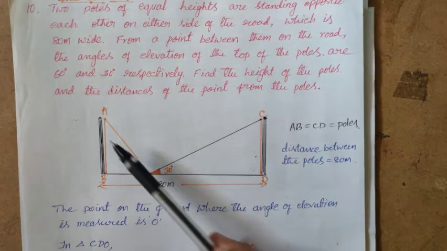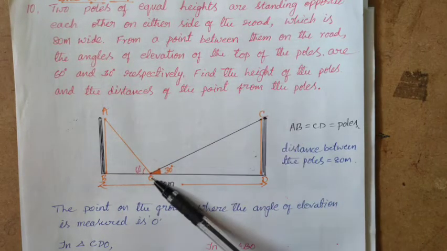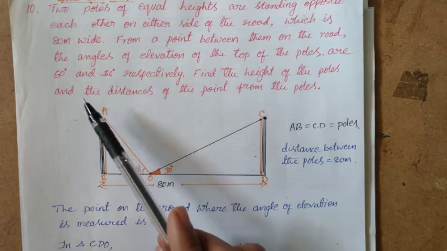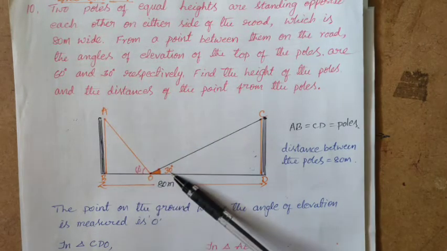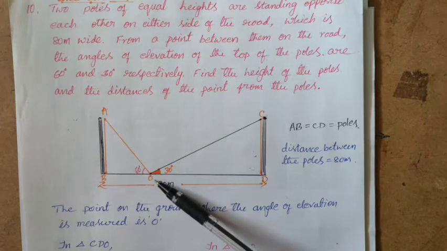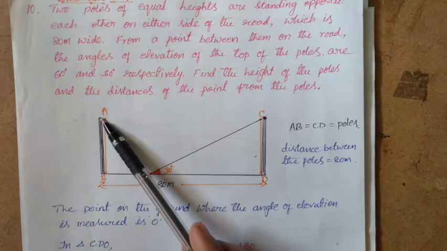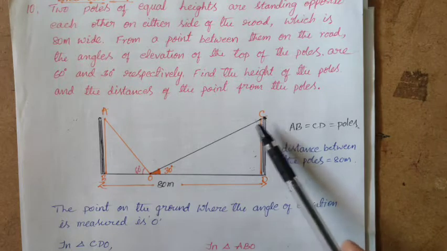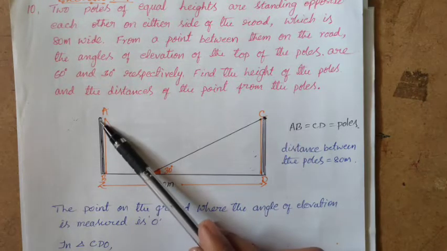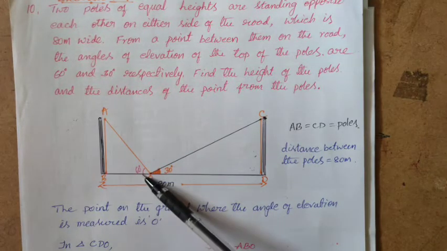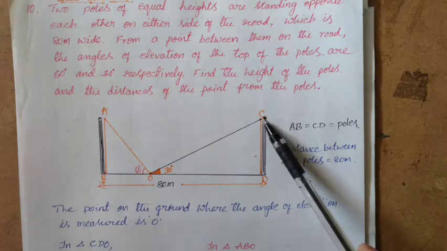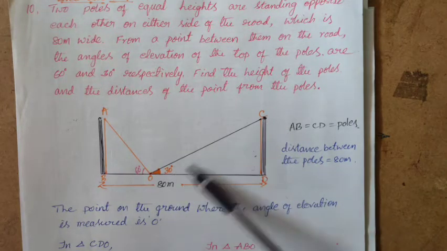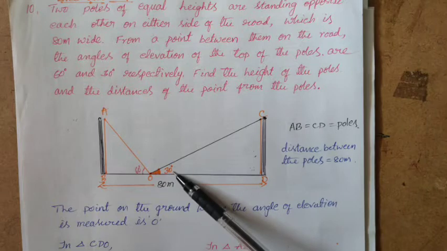Then the angle of elevation occurs from this point, that is 60 degree and 30 degree respectively. When we see this top A, the elevation angle is 60 degree, and when you observe the top of the pole C, then the elevation angle is what? 30 degree.